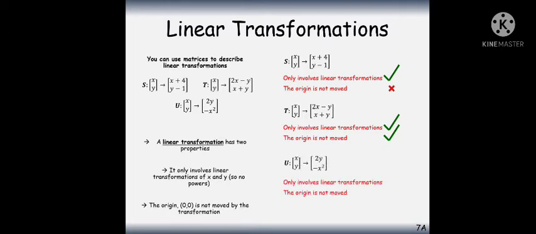And the third one, we've got 2y minus x squared. Well, the first one is false because we've got an x squared, so no powers. This bit is quite important, and we've got a power there, so that must be false. The second one, the origin is not moved. Well, that has to be true. So T here is the only linear transformation in this list. Okay.